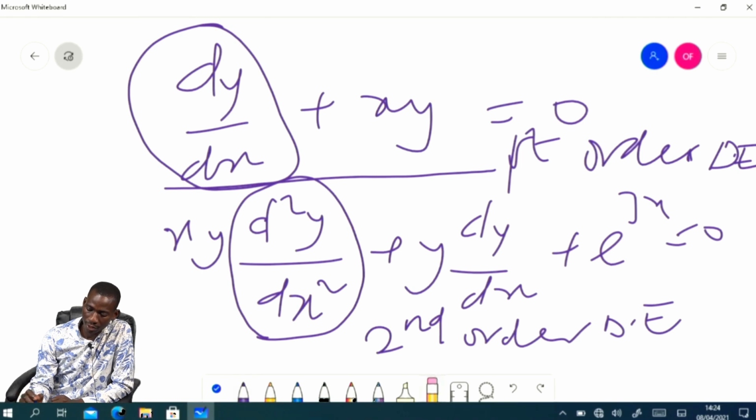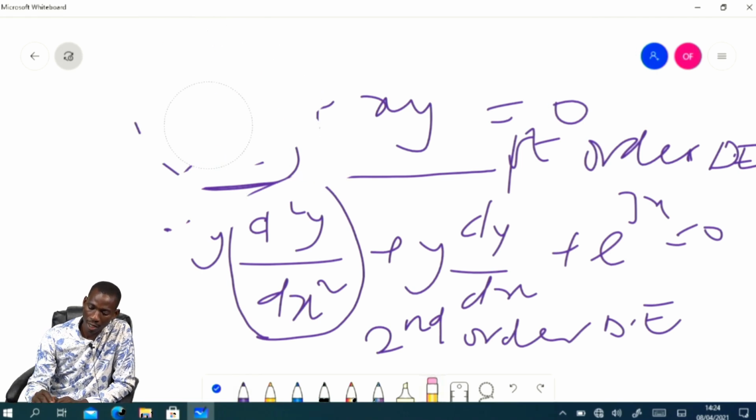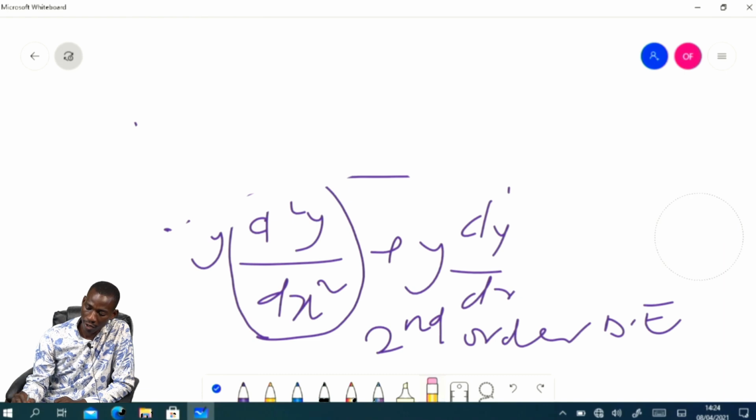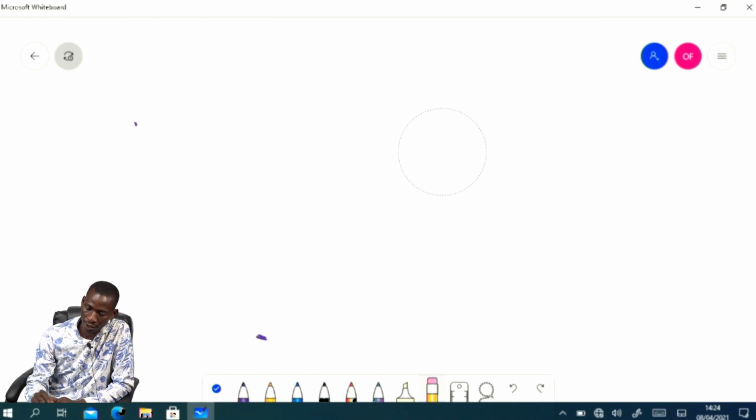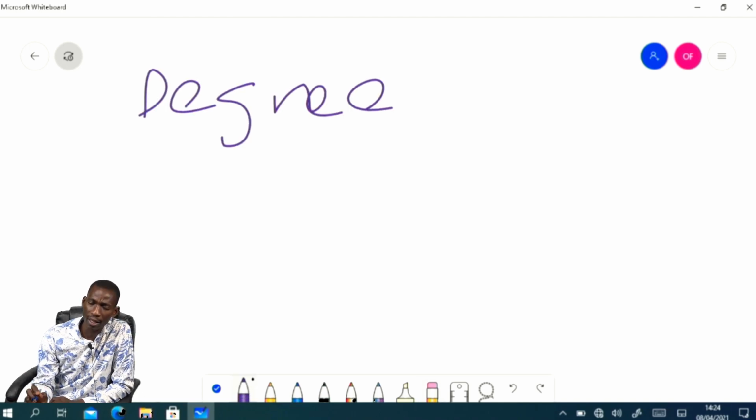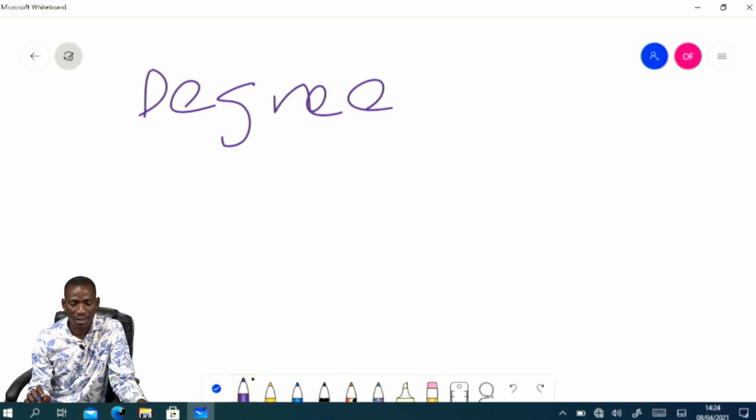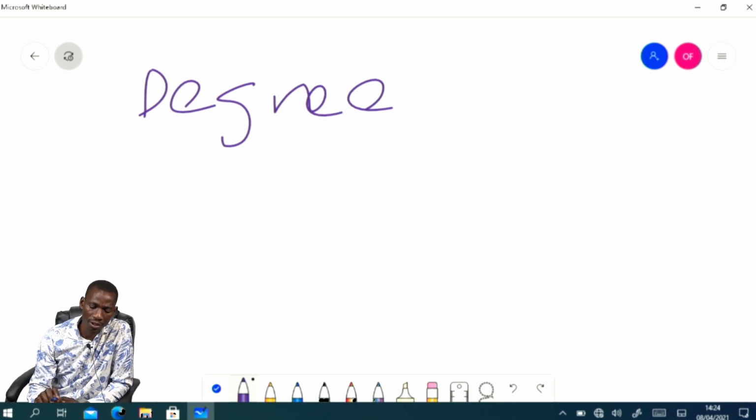Also, we have to define another term, and we call it the degree of a differential equation. By degree, we mean the index, the power on the highest derivative that is present in the equation. So the degree of an ODE is the index on the highest derivative after removing the radical sign and fractions.